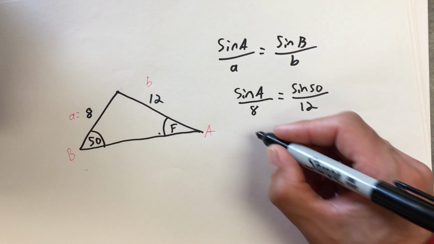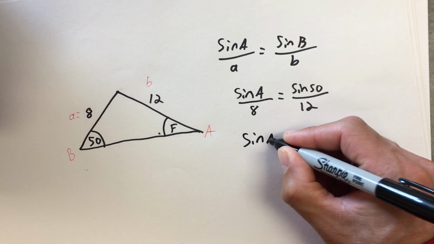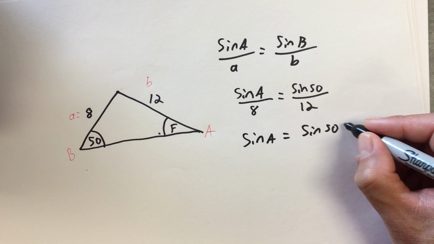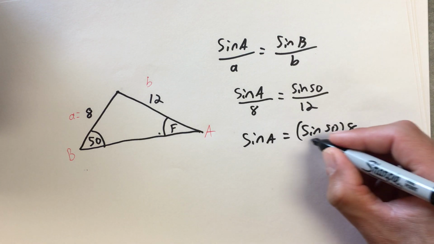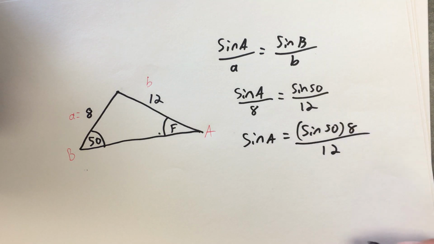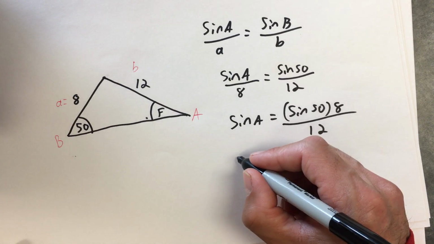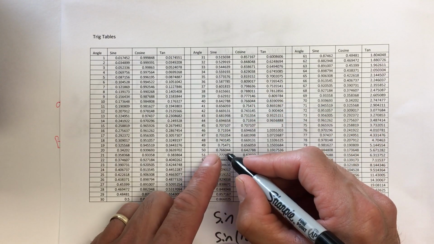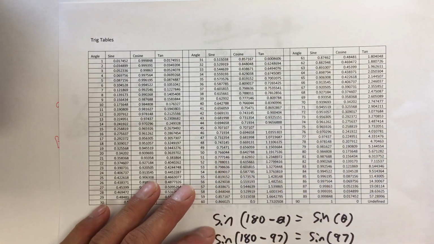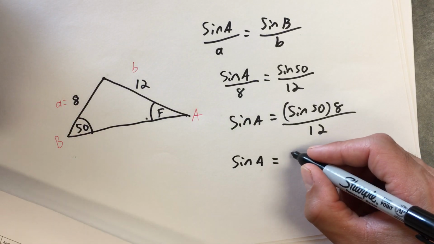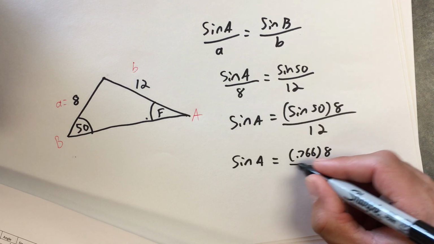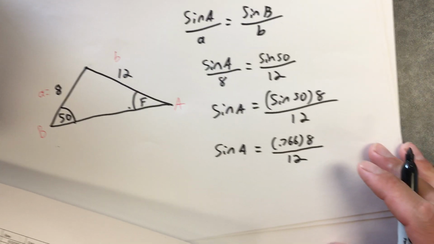I can multiply both sides by A. So the sine of A is equal to the sine of 50 multiplied by 8, and then I'm dividing by 12. So the sine of A is equal to the sine of 50, which is 0.766, multiplied by 8 and divided by 12.